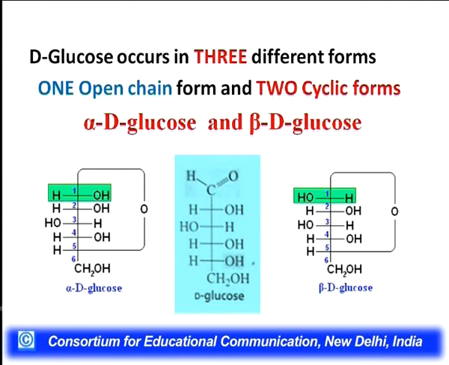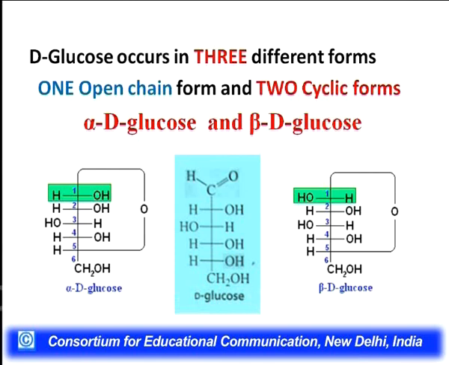And this cyclic structure, when we dissolve in water, undergoes ring opening and is converted to the open chain structure, which gives us the reactions of an aldehydic and a hydroxyl group.